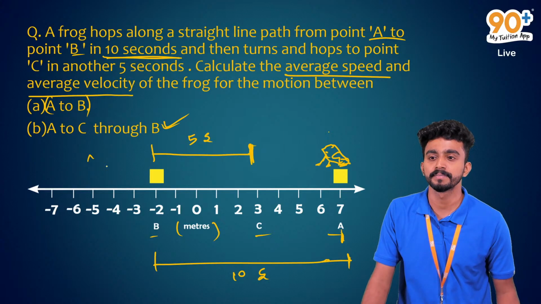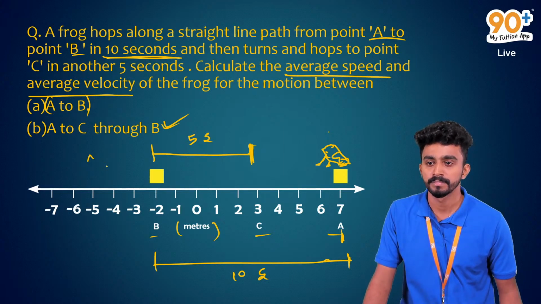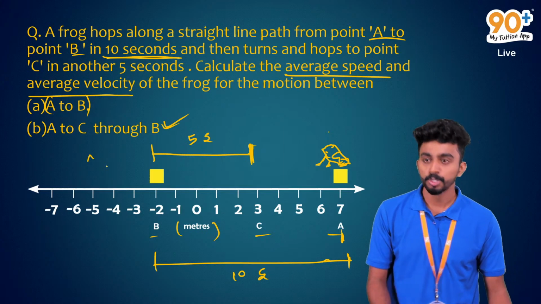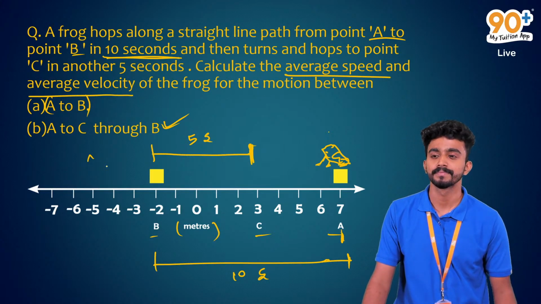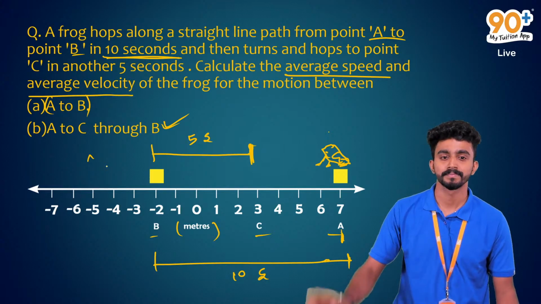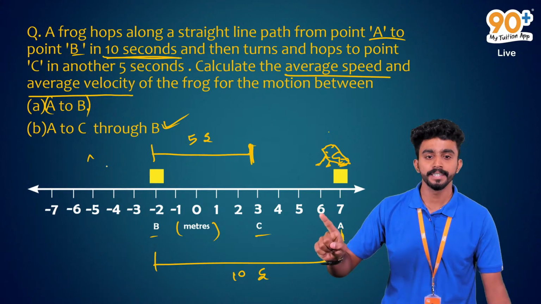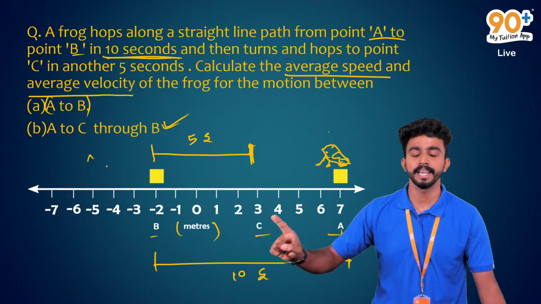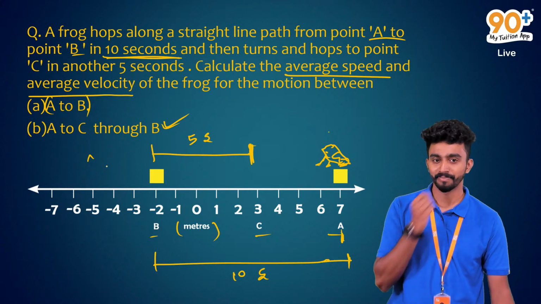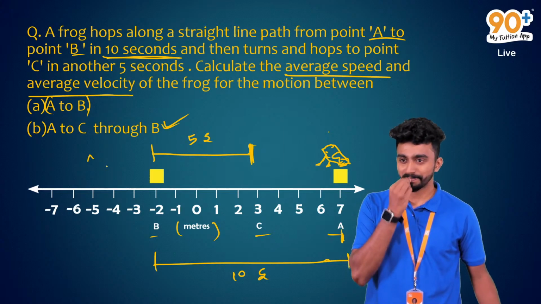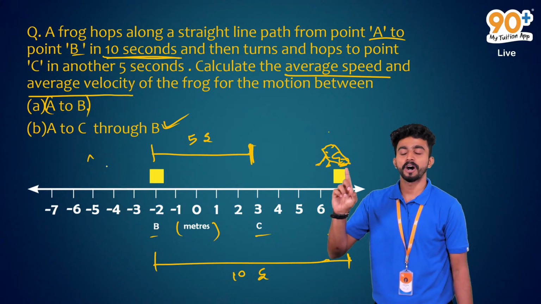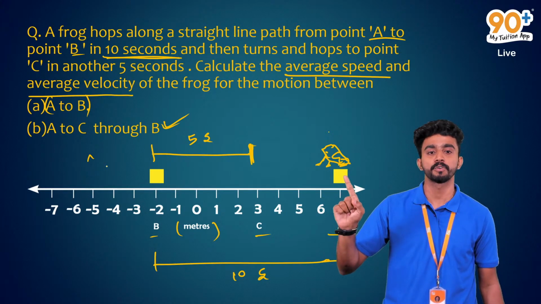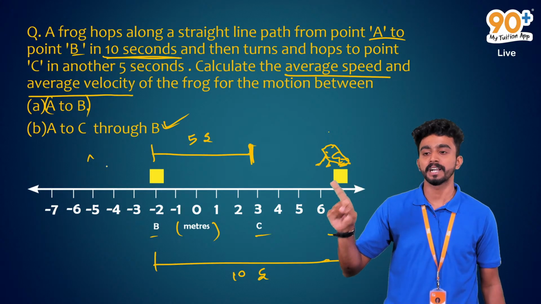Yes, Abid. Some of you are asking, there should be 5 units, right? You should also count 7. The frog is standing on 7. So from 7 to 6 the frog covers 1 meter.